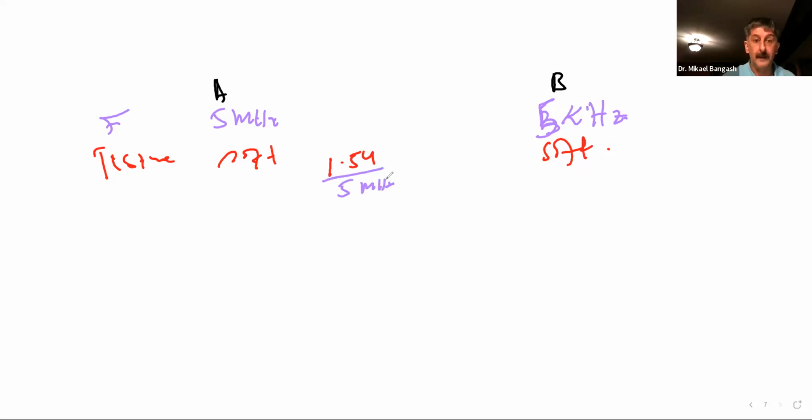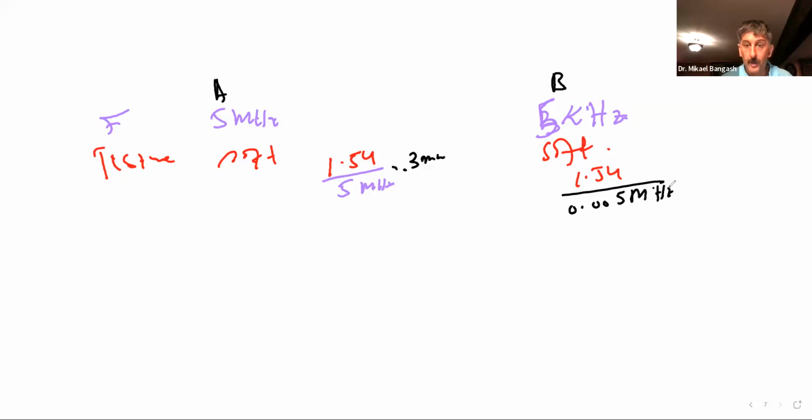Clear? In this instance the wavelength is going to be 0.3 millimeters, where the soft tissue is 1.54. But for 5 kilohertz, it's going to be a lower value, so you actually end up with a wavelength which will be something like this.